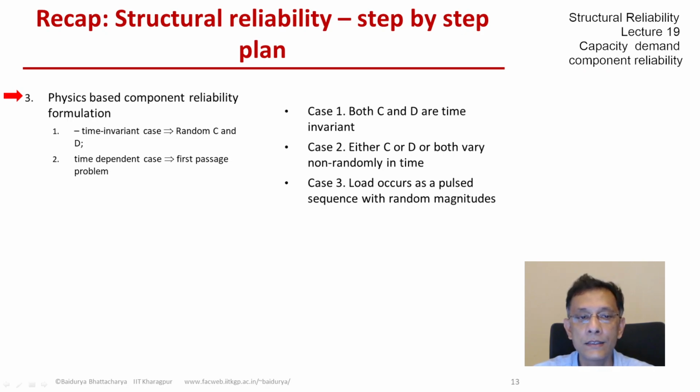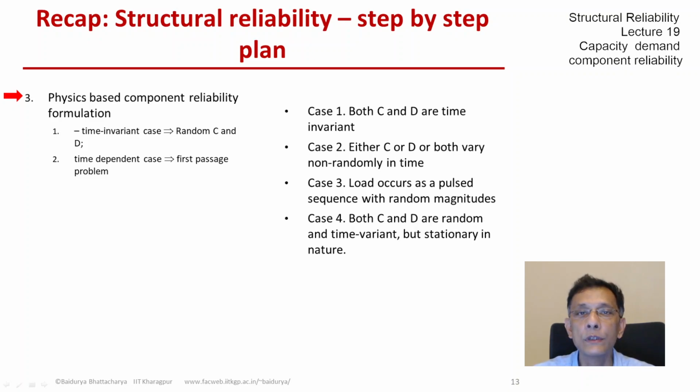The 3rd case is that loads are now random, coming as a pulsed sequence with random magnitudes, and we will see different kinds of occurrence models. And finally, case 4, which is the most complicated, the most advanced type, is where both C and D are random and time variant, but in the language of stochastic processes, they are stationary in nature. So that's our plan for this part of the course.